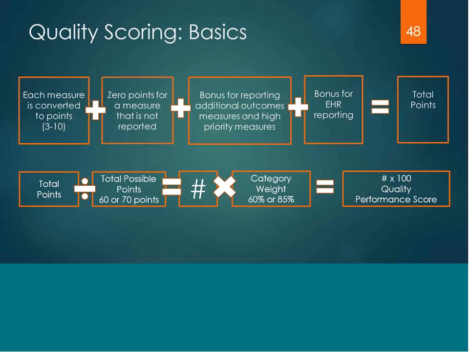That sum is then multiplied by the category weight. For most MIPS-eligible clinicians, that's going to be 60%. For other clinicians who have their ACI reweighted to 0, that would then be 85%. That sum is then multiplied by 100 to give you your total quality performance score.